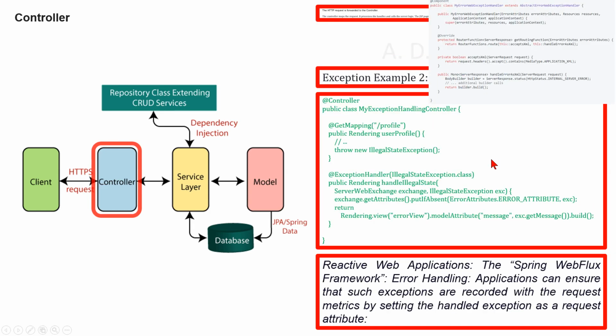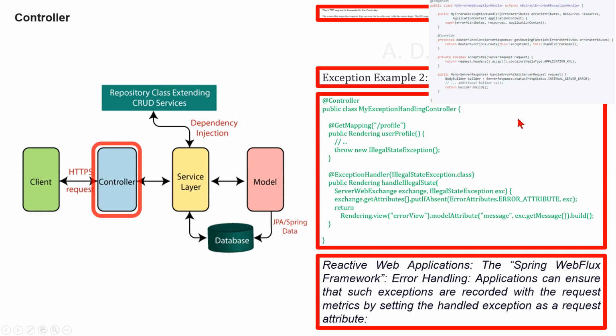Here we are considering error handling in the Spring WebFlux framework in reactive web applications. Applications can ensure that some exceptions are recorded with the request metrics by setting the handled exception as a request attribute. For a more complete picture, you can also subclass DefaultErrorWebExceptionHandler directly and override specific methods.